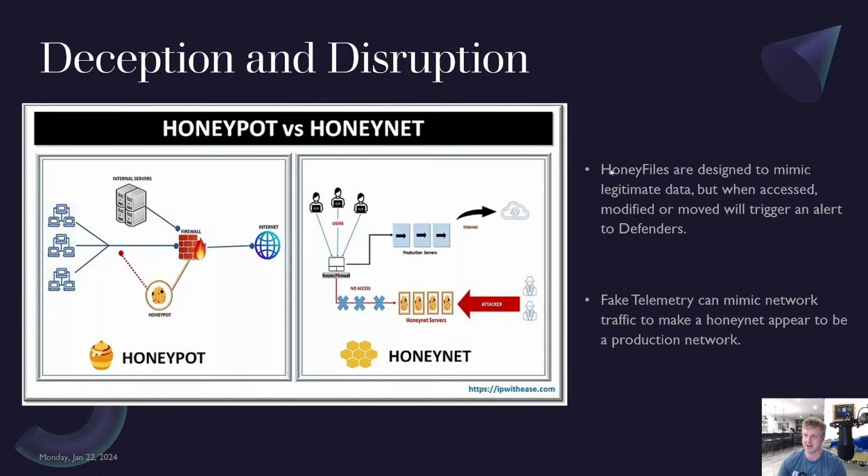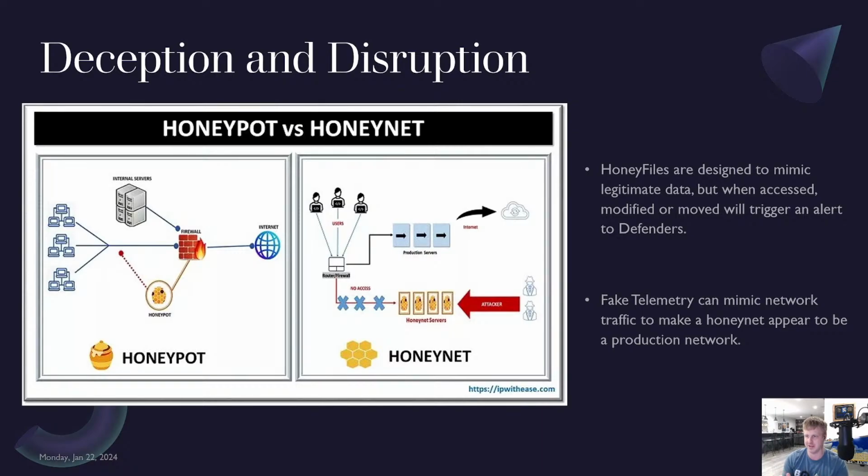And then honey files are essentially designed to look like legitimate data. So you'll have something that is, here's the keys for our AWS infrastructure, all of our security keys, and you have them stored on a file on a server. And you make it look like they're actually keys that are in there, but they're not anything that has to do with your network.